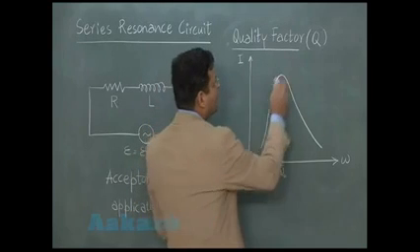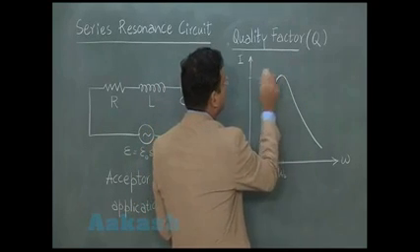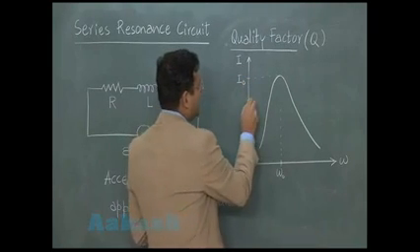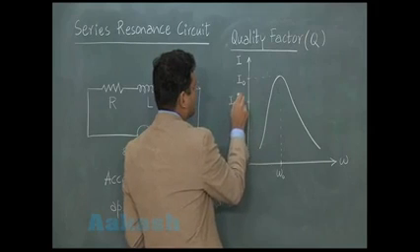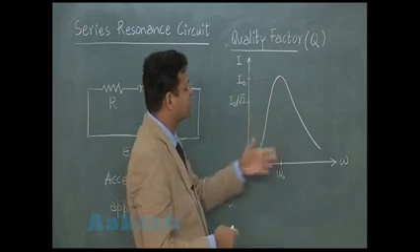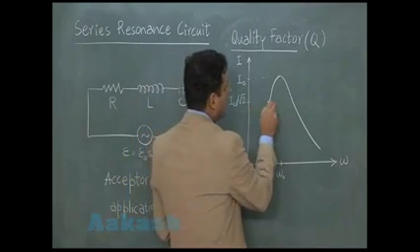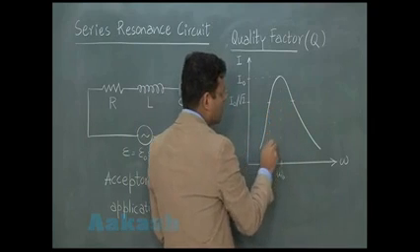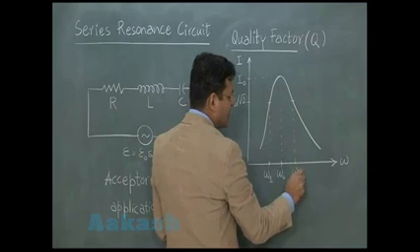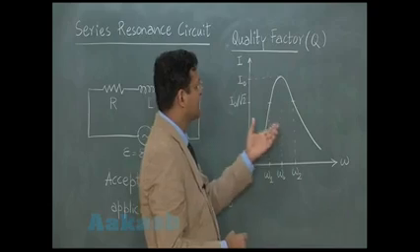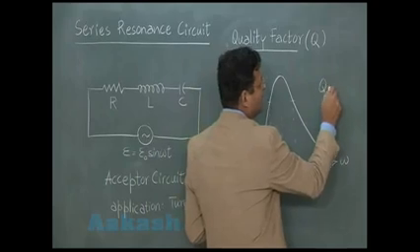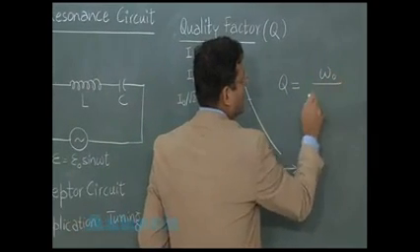And based on that what we had done, imagine that the maximum value of this current is I naught. तो हमने just as a reference एक करंट की वैल्यू I naught by root 2 चूज कर रखी थी, and I naught by root 2 means approximately 70% of the maximum current की लोकेशन हम फाइंड करते थे। That means what are those two frequencies, one will be omega 1, another one will be omega 2. These are the two frequencies at which the value of current flowing into the circuit is just 70% of the maximum, and based on that we had defined the quality factor as omega naught upon omega 2 minus omega 1.